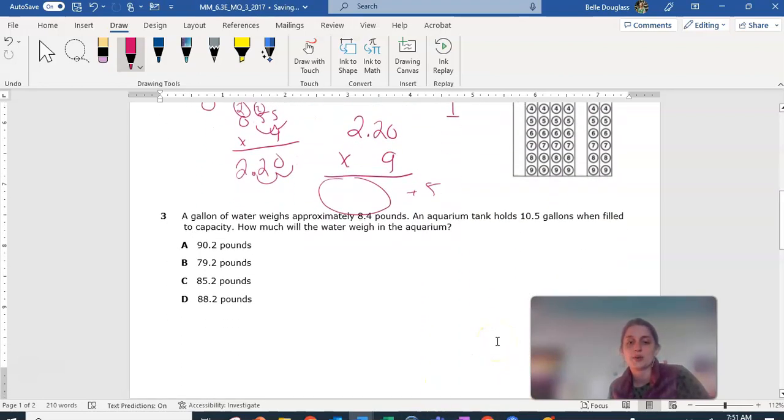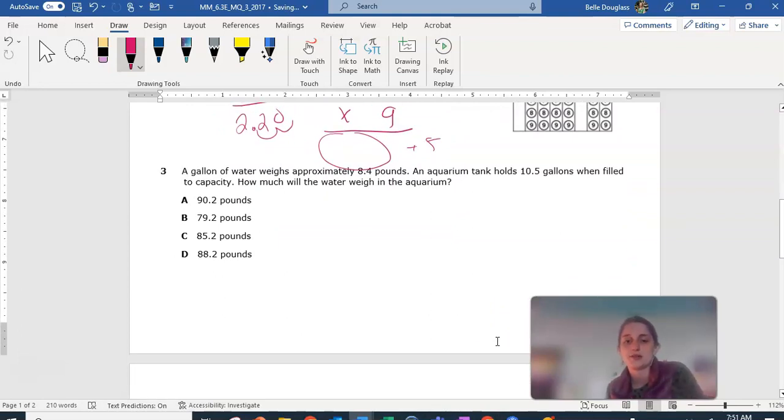A gallon of water weighs approximately 8.4 pounds. An aquarium tank holds 10.5 gallons when it's filled to capacity. How much will the water in that aquarium weigh? So here's my aquarium. An aquarium is a tank for fish. There's a little fishy.